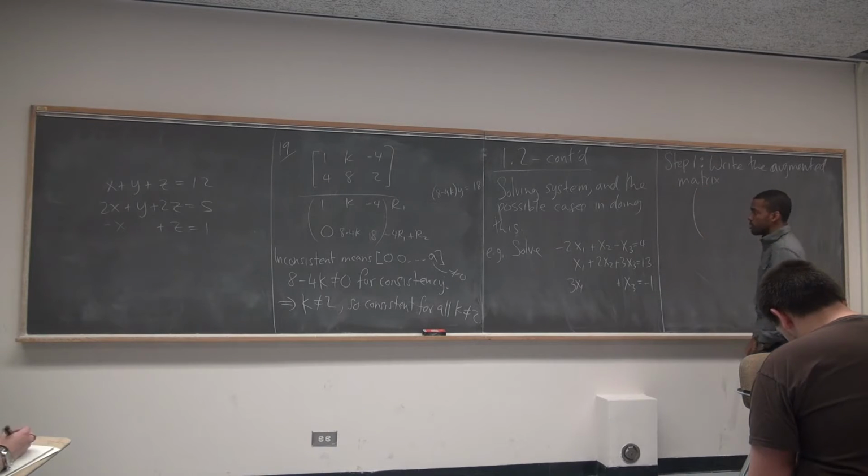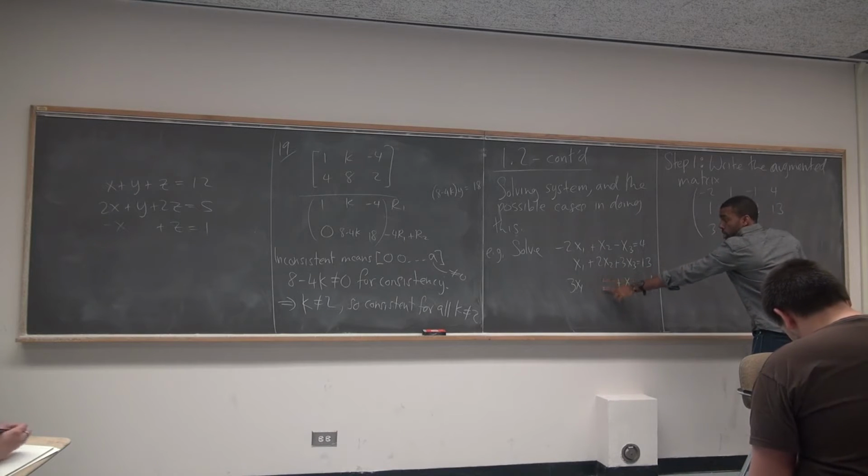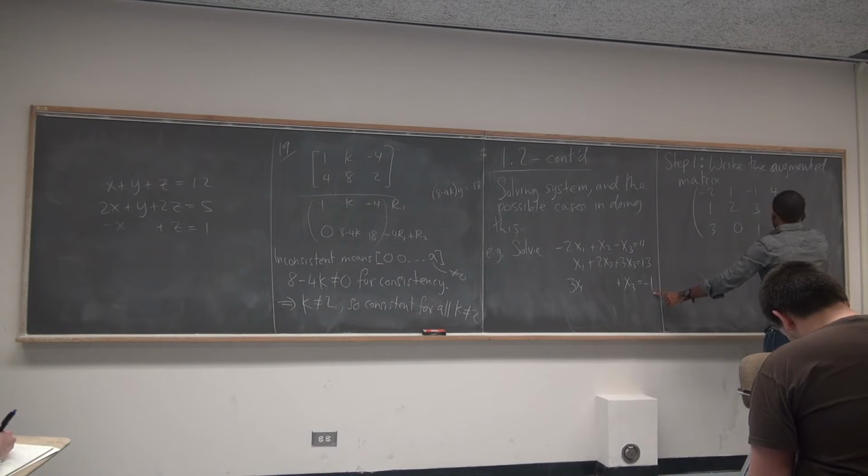First row would be? -2, 1, -1, 4. Right, just look at the coefficients and write them down. So it's 1, 2, 3, 13, then 3, coefficient of x2 here is 0, 1, -1. That's the augmented matrix. That's your first step.